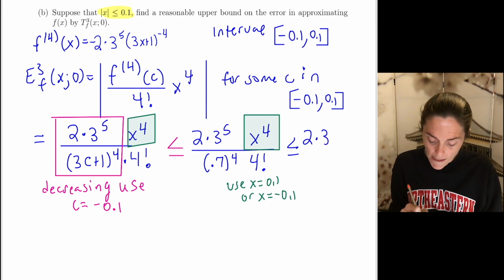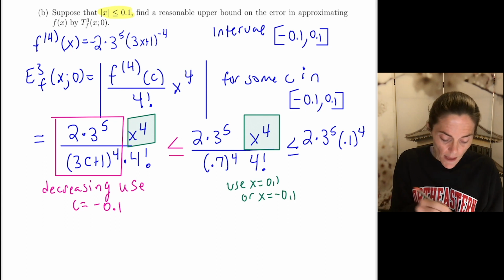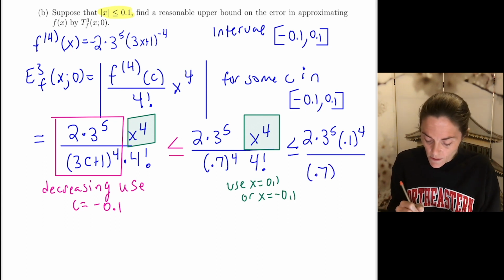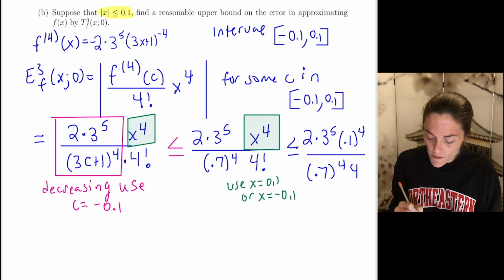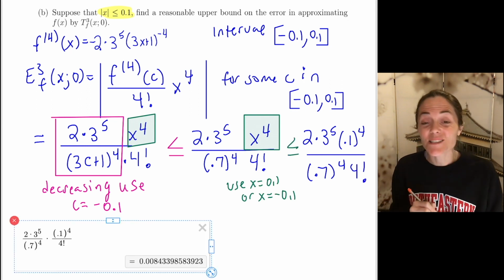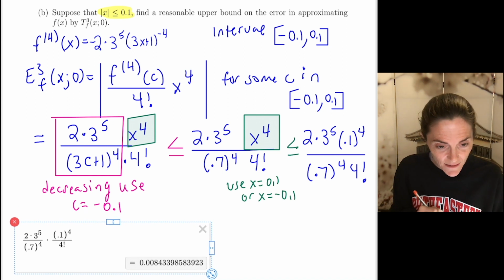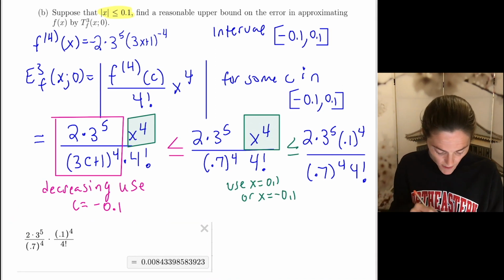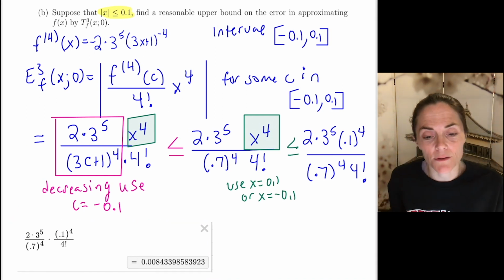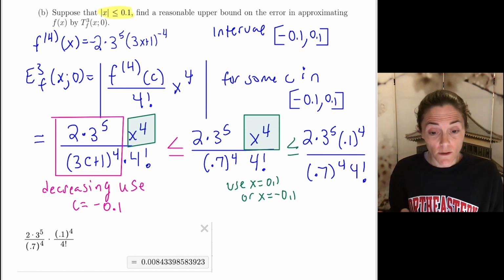We have 2 times 3 to the 5th. We have 0.1 to the 4th power. And then here divided by 0.7 to the 4th. And then we still have this 4 factorial. This was our 2-step process. And then, well, here we see it. This is from Desmos, but we can round. And quite often we will round past the leading zeros, for instance.